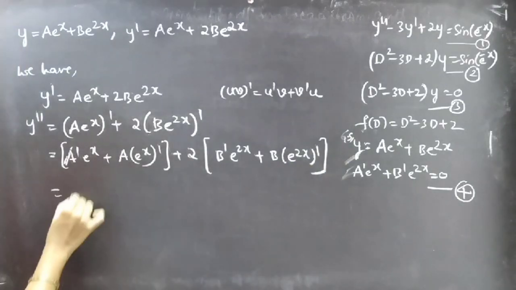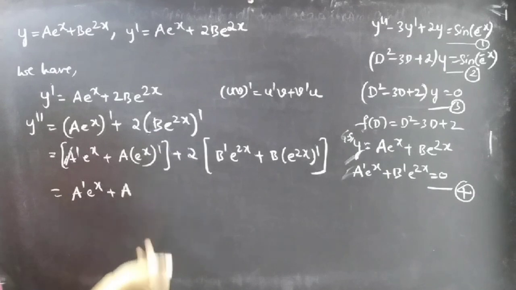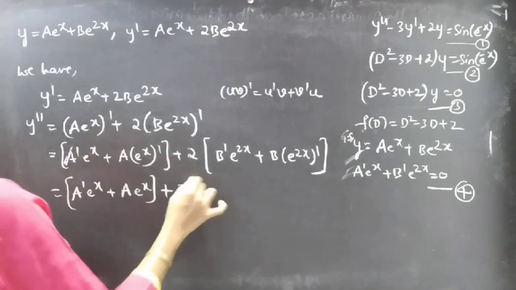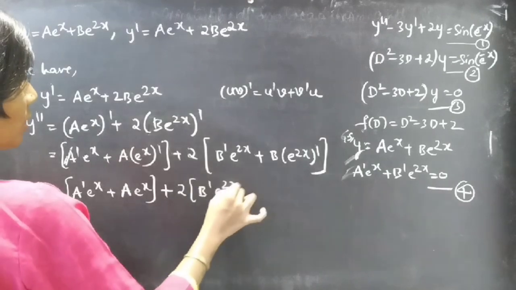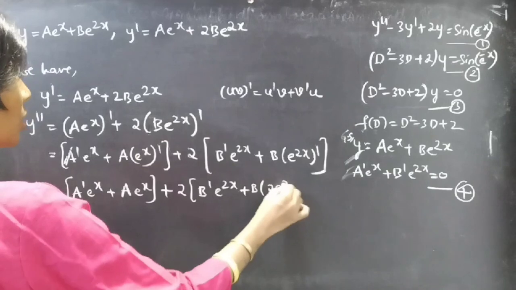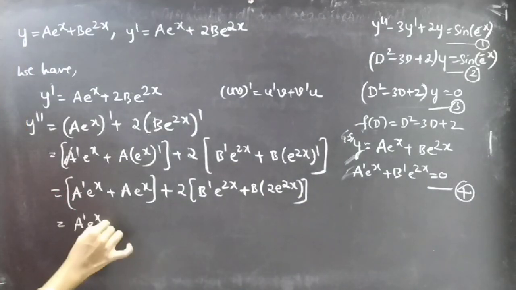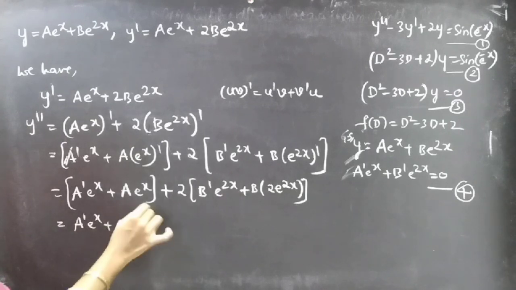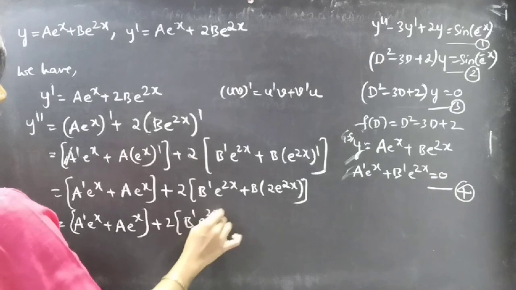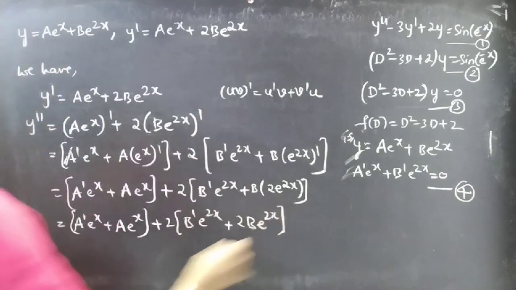This gives us a dash e power x plus a into e power x whole dash is derivative of e power x with respect to x, which is e power x, plus 2 times b dash e power 2x plus b into derivative of e power 2x with respect to x is 2 e power 2x. This gives us a dash e power x plus a e power x plus 2 times b dash e power 2x plus 2b e power 2x, right?